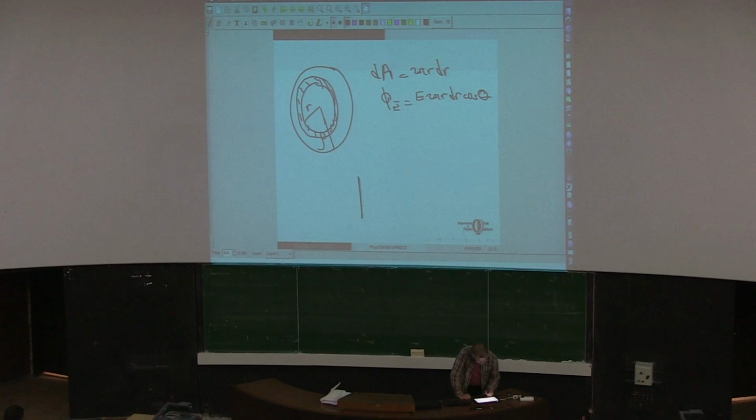This is my ring. This is my moving particle. This is the distance r. This is the charge q. So this is the direction of the electric field, but this is my ds, the area element, since I'm considering a flat disk.